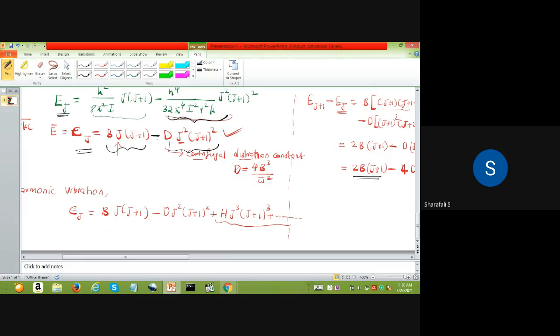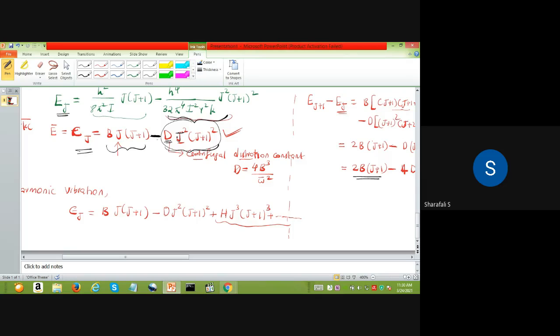So whatever your energy level was before, when we considered only rotation, it will be slightly decreased because of this term, which comes as minus D into J square into (J+1) square. Also remember that even for higher J values, this D is a very small quantity, so this entire term will be small.